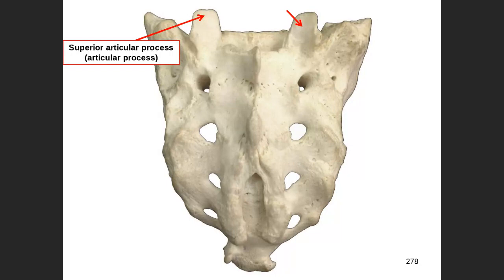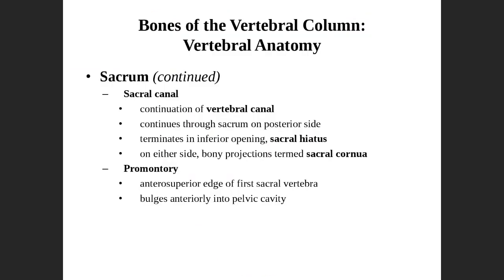Here is the superior articular process coming off of the sacrum, and that articulates with the inferior articular process of L5. And so there's a disc that sits right here. That's the most herniated disc in the spine. That's the L5S1 disc. That sits in between the L5 vertebrae and the sacrum there.